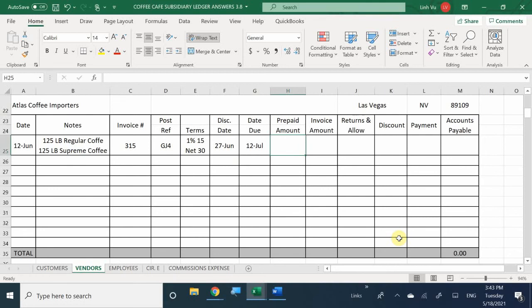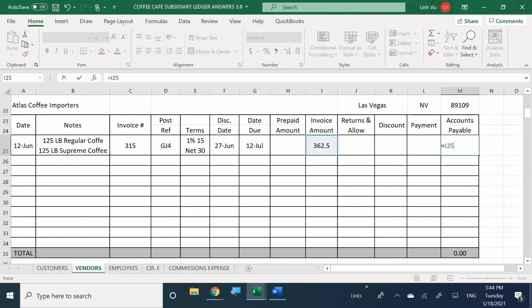We didn't make any prepaid amounts to this. This is the first bill that we received. So the invoice amount here was $362.50. And we didn't make any payments to this vendor at all. So when we enter our formula, invoice minus prepaid minus returns minus discounts minus payments, we should get that we owe Atlas Coffee $362.50.